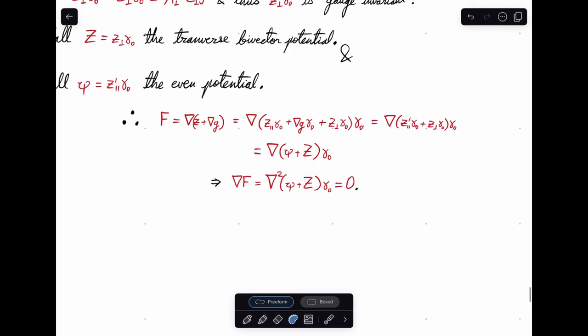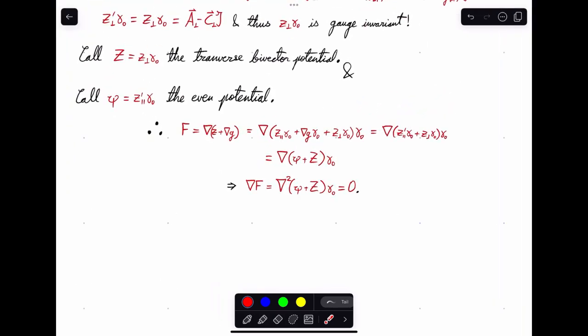So you can therefore look at these potentials. You can actually choose a gauge here in C, because C is defined as gauge dependent.